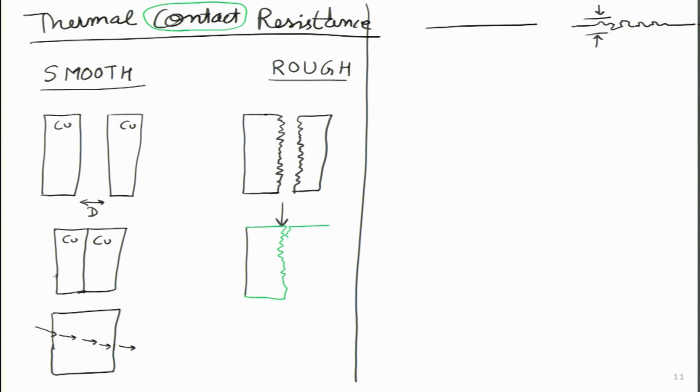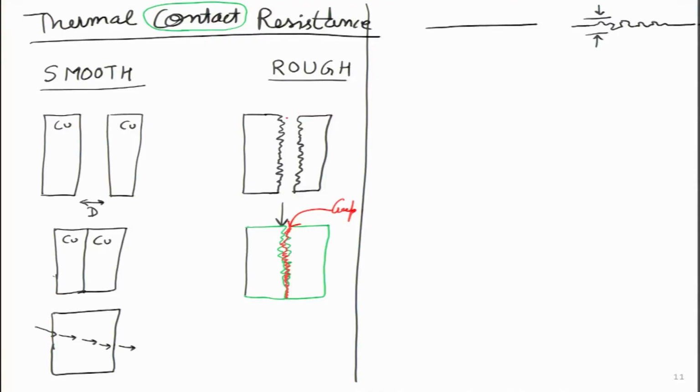So, what engineers have observed is that no matter how well we bring them in contact, there is always some gap present in between. I will fill this gap with some color over here, and this is true universally. So, there is always this gap, and what will be inside the gap? Some sort of fluid.